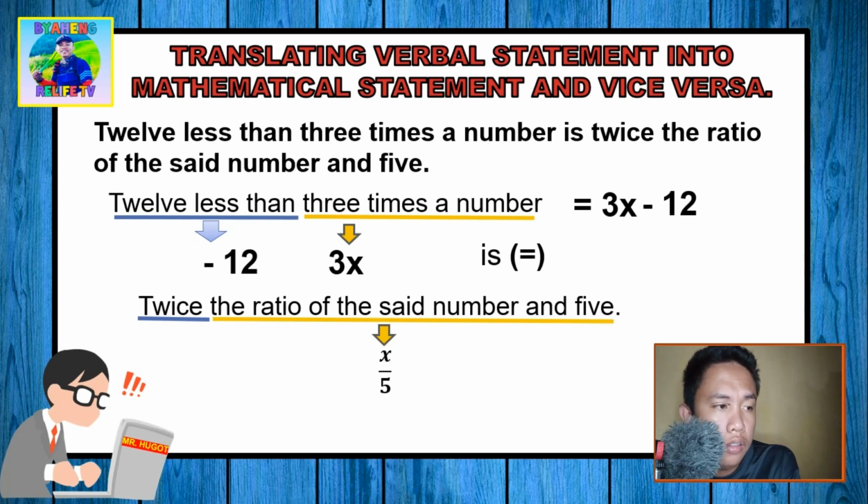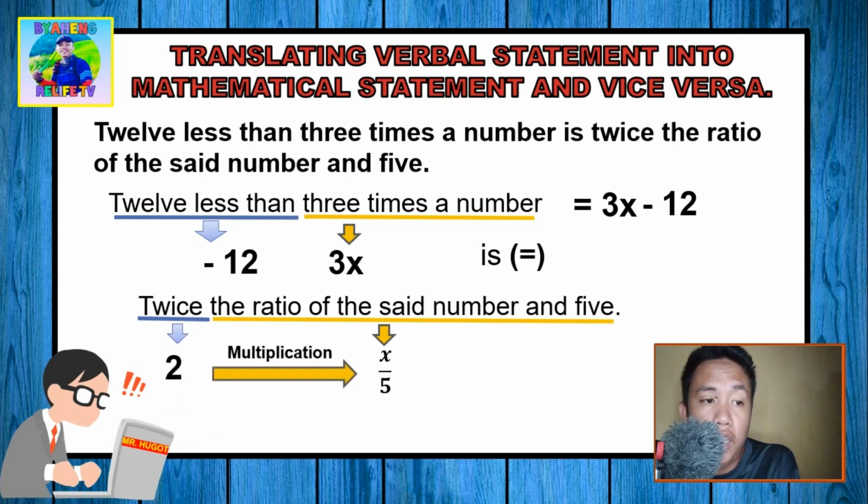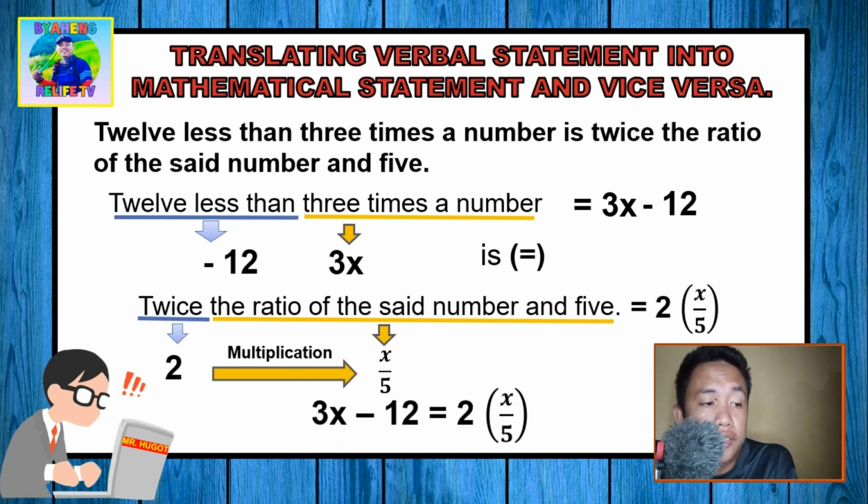After we have the division, kailangan siyang i-multiply sa 2. So, that will become a multiplication, we have product. So, joining them, guys, we have 3x minus 12 is equal to 2 times x over 5. And that will be our translation. Okay?